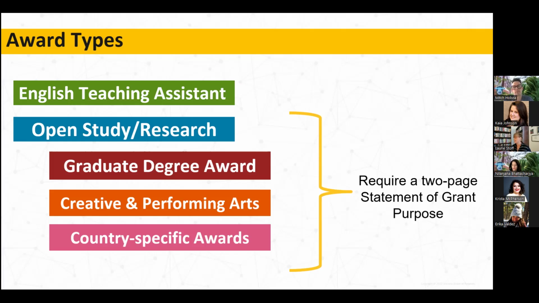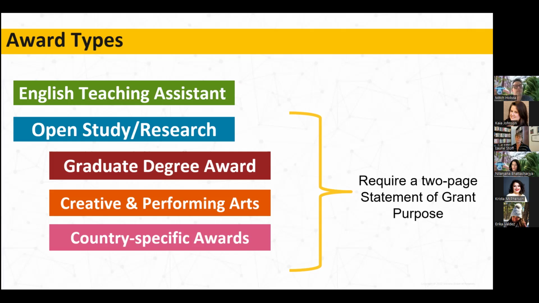So a lot of times you may ask us questions about general things that have to do with these programs, and our answer is going to be, it depends. And that is because these programs really do vary greatly and have unique characteristics to them. What's really important also to note is that the Open Study Research projects, which we're going to talk about today, all require a 2-page statement of grant purpose.